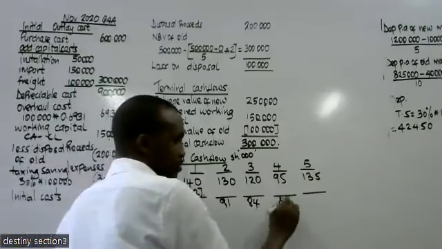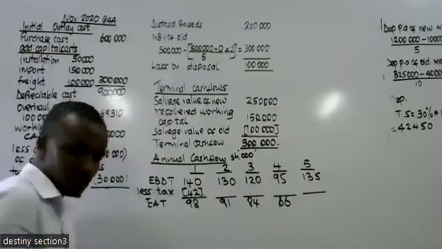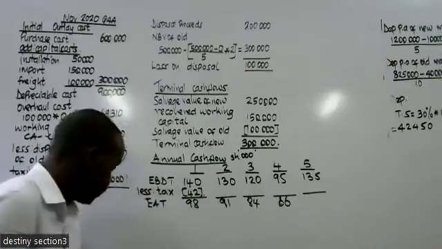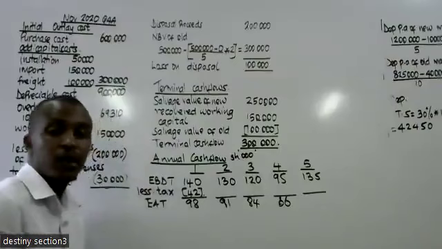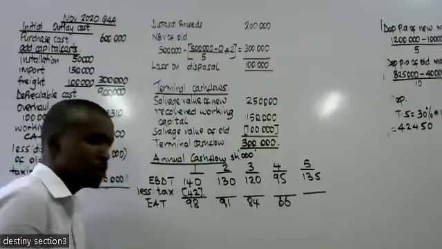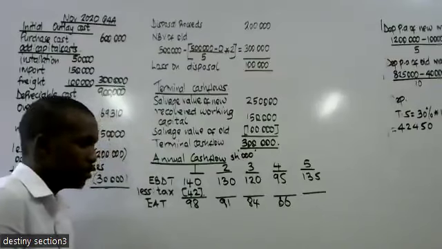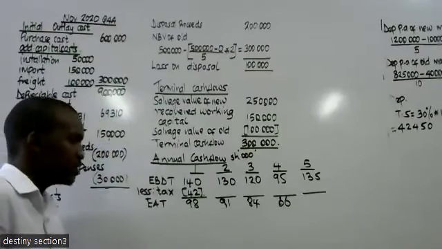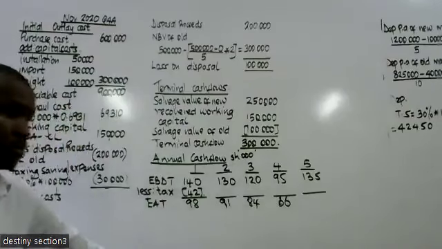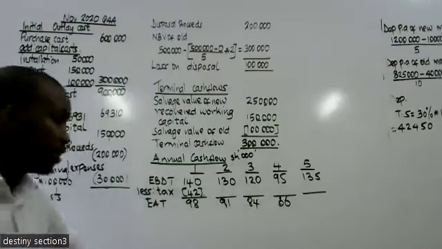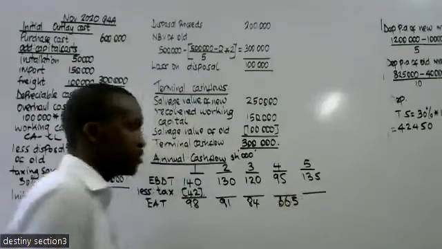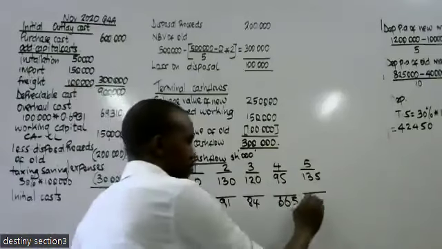And the last one? Hold on. What is 70% of 95? 66.5. And 94.5.